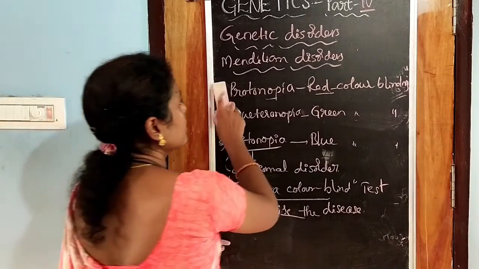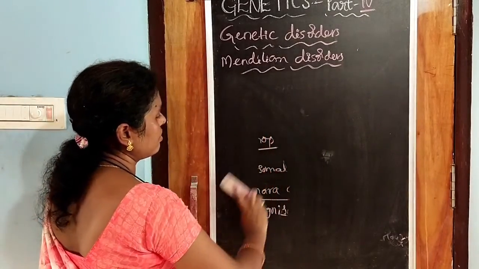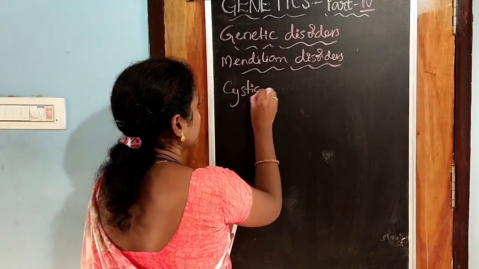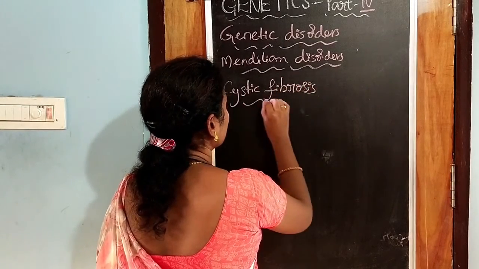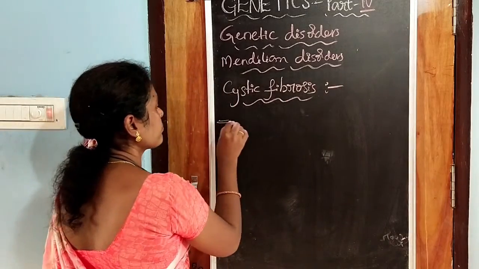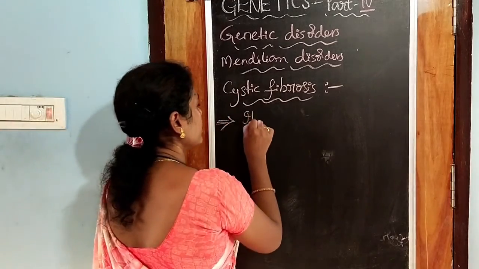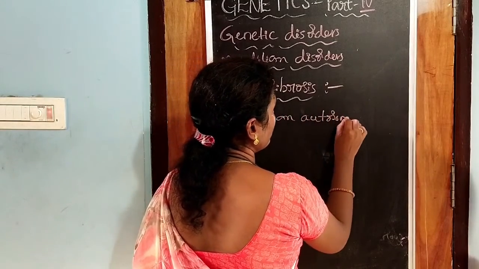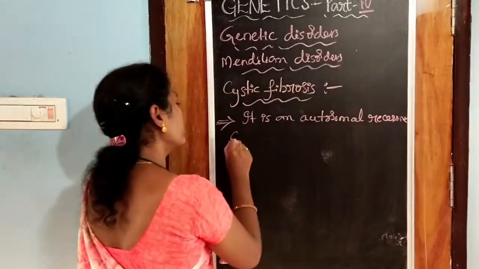Coming to the next topic, the next disease in our Mendelian disorders is cystic fibrosis. It is an autosomal recessive disorder.